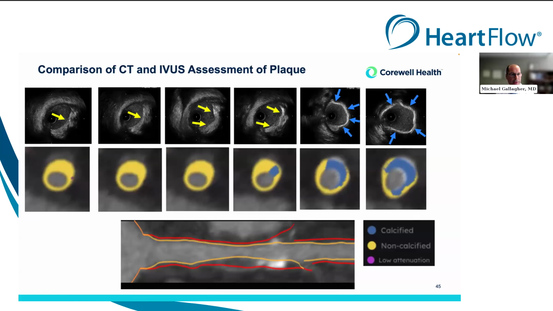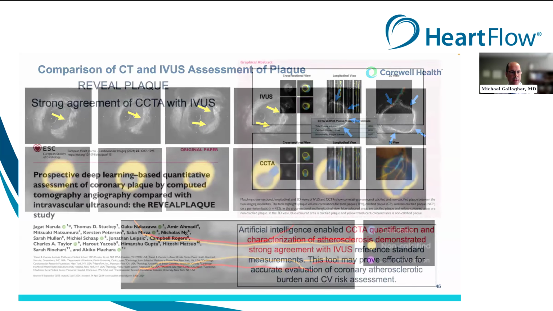And then again, all the non-calcified plaque shown by the yellow arrows is nicely outlined again on the IVUS in the panels above and on the plaque assessment by HeartFlow in the panels in the middle. So a nice correlation of the type, the characterization, and the quantity of plaque with IVUS compared with CT.